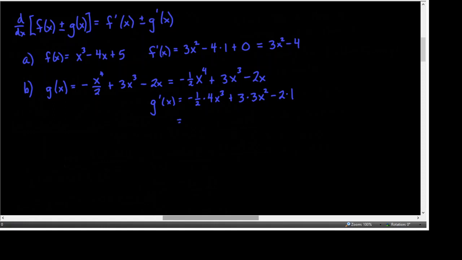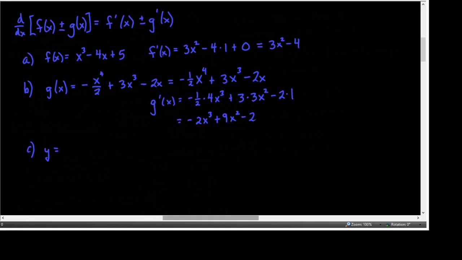And so we get negative 2x cubed plus 9x squared minus 2. Isn't that really fast, especially compared to the limit definition that we did before? Oh my gosh, that is quite a savings in the amount of work.